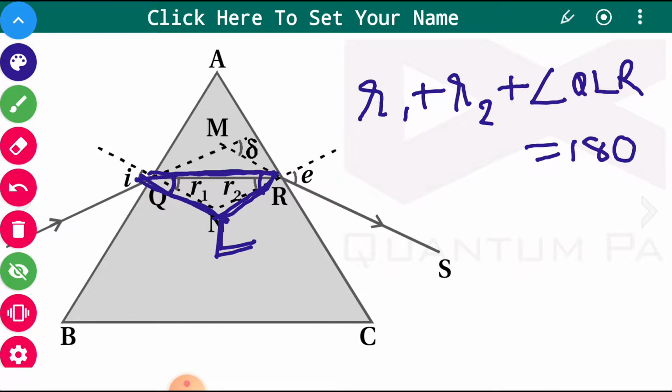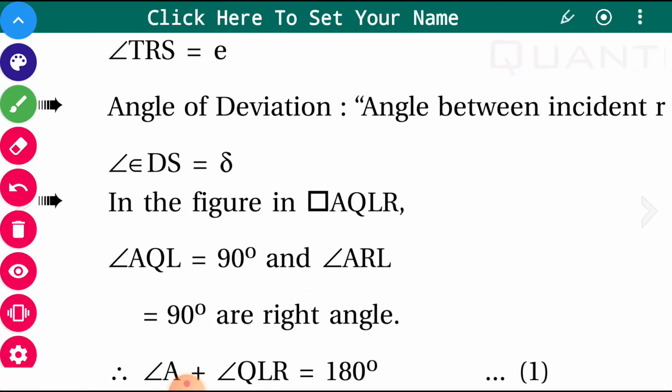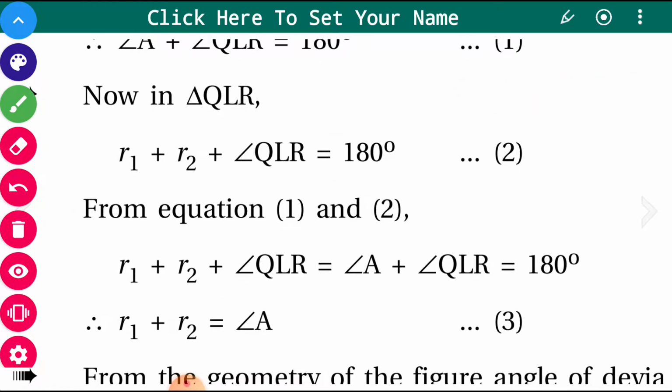So in triangle QLR, R1 plus R2 plus QLR is equal to 180.